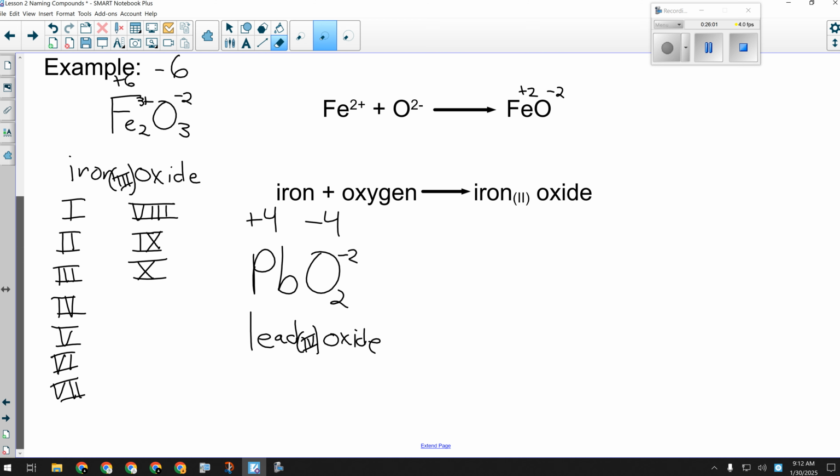This is why the Roman Empire fell. It had nothing to do with corruption and politics and war. Their numbering system was ridiculous. You probably won't even need to go beyond 7 for what we're going to do, but those are the Roman numerals to 10. Most of the time you're going to be dealing with nothing above 4, but there are 1 or 2 metals that have charges up to 7.